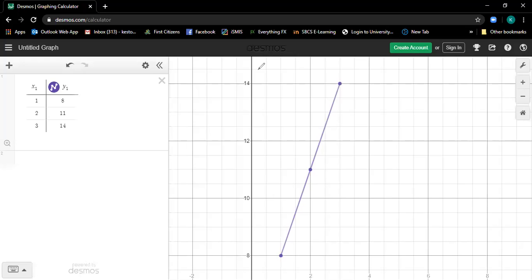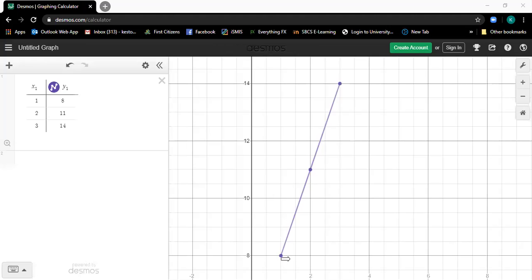Let me use the arrow tool instead. There's the 2 there. You see the 2? And that aligns with my 11 here, dead on in the middle, 10, 11, 12. And then the last one, 3 and 14, spot in the middle of 2 and 4. In the middle here is 3, and that aligns with 14.